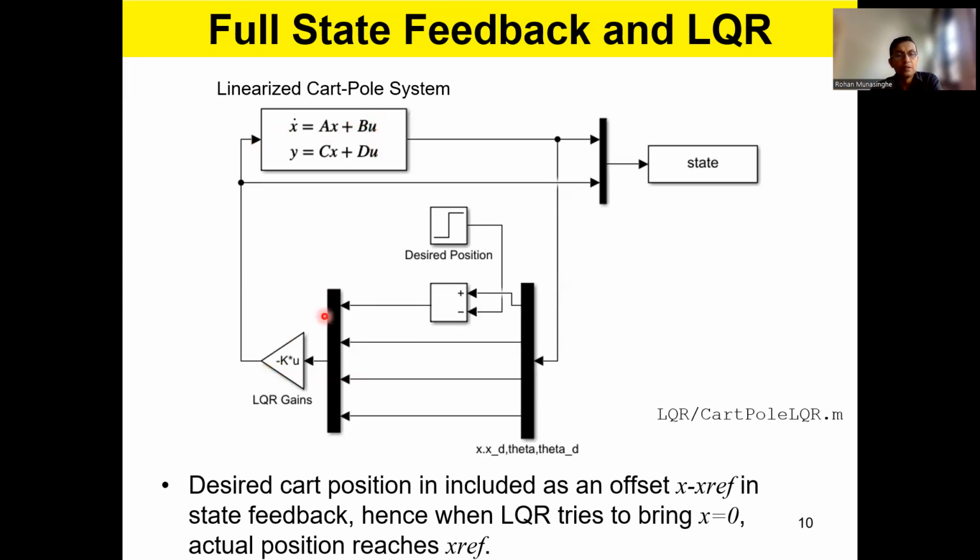Okay. So this symbol KU, don't worry about it. We are not actually multiplying K and U. We multiply K and X. If you remember, in state feedback control, the feedback signal is actually the feedback gain K times the state.